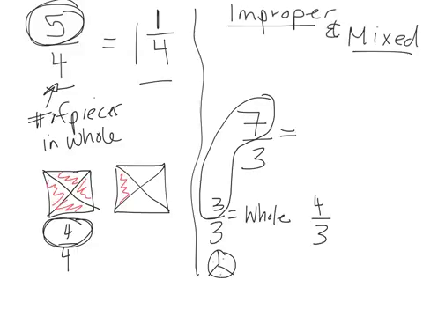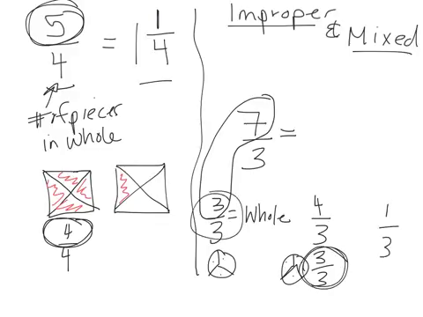But 4 over 3 is still bigger than 1 whole. If I take out another whole, that leaves me with 1/3. So I know I have 1 whole, 2 wholes, so 2 and 1/3 left over.